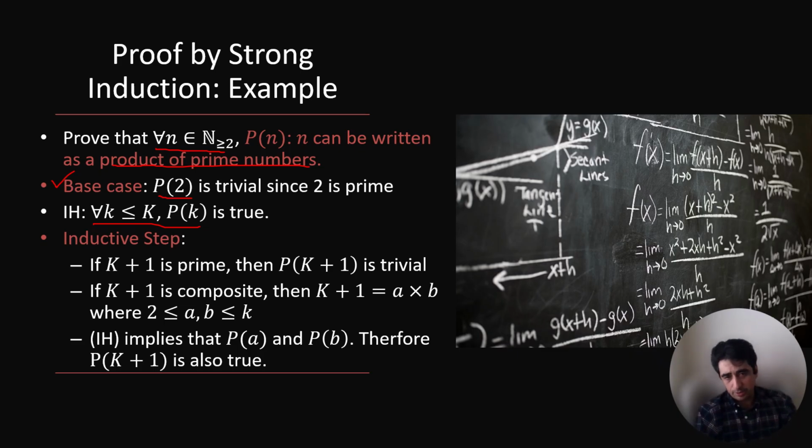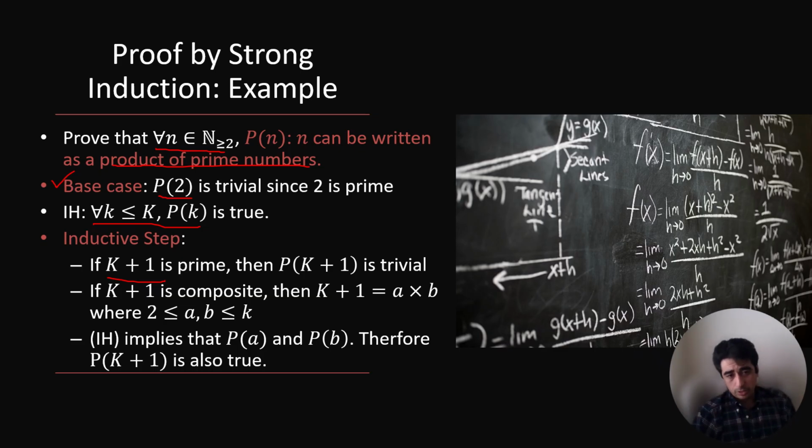It can be written as a product of prime numbers. That's your hypothesis. What do you need to prove in the inductive step? You need to prove that capital K plus 1 also satisfies the statement, which says K plus 1 can also be written as a product of prime numbers.